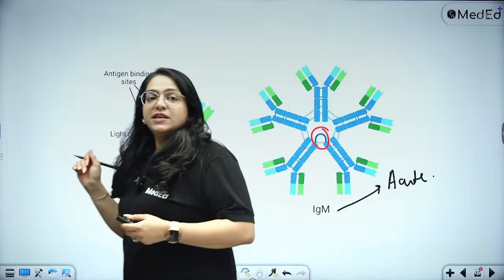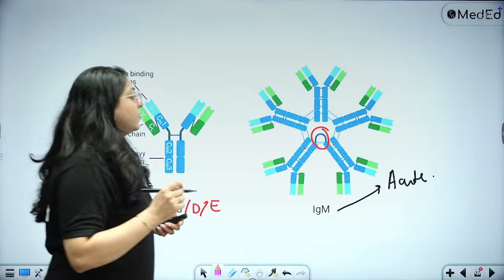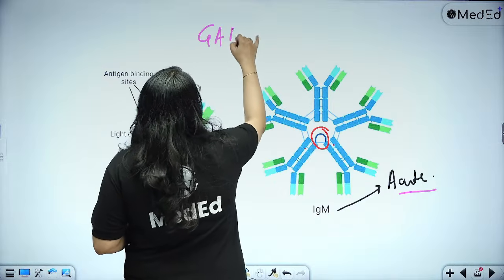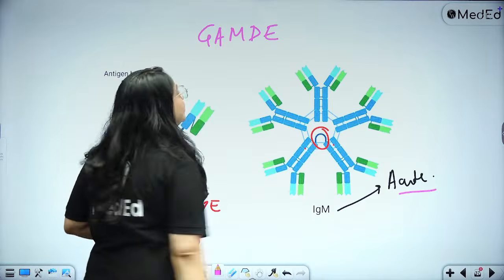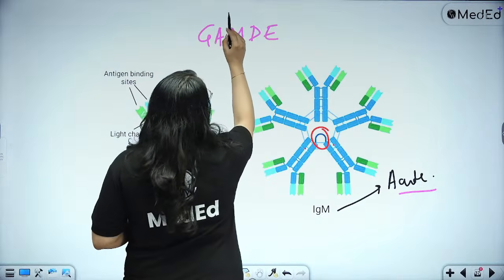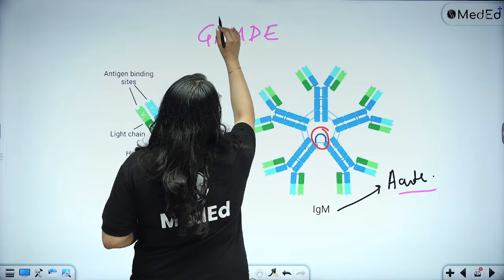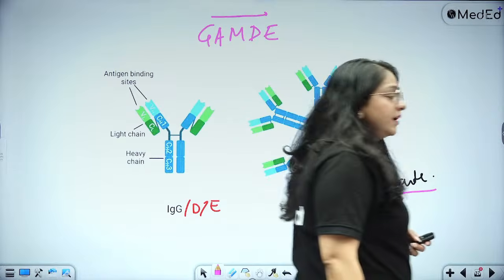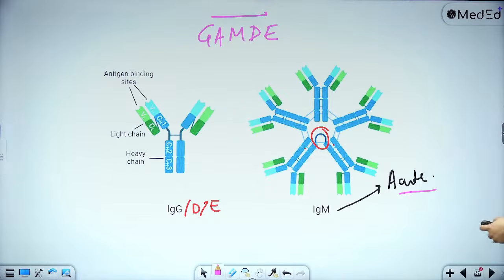Then IgG. Pentamer we were talking about, IgM is in the acute phase. Another way to remember is we write them in the sequence GAMDE. Why GAMDE? This is the increasing order of concentration in the serum. So which has the maximum concentration? Which has the least concentration in the serum?